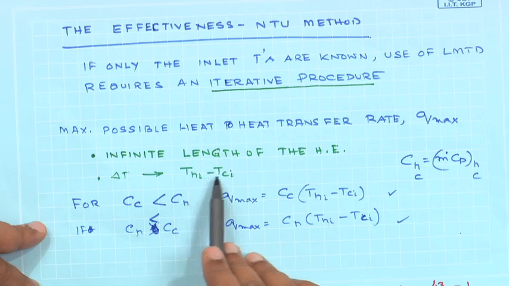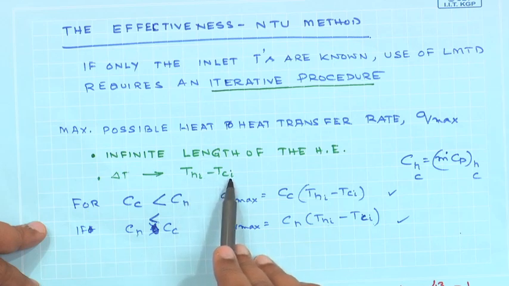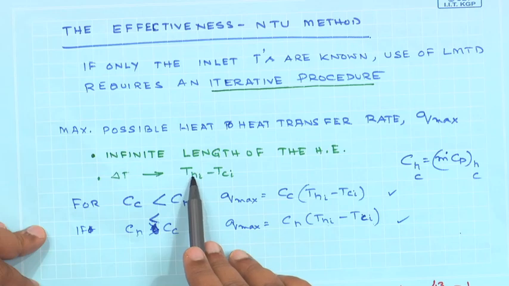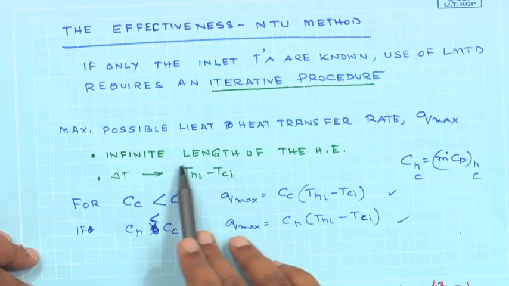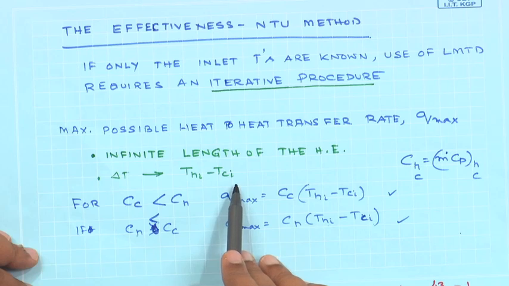So, that is the maximum possible temperature difference that exists in a heat exchanger, and if the temperature of the hot fluid reduces to the inlet temperature of the cold fluid, this is going to give rise to the maximum possible amount of heat transfer.